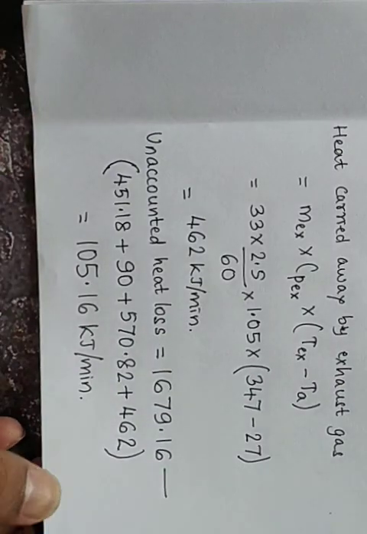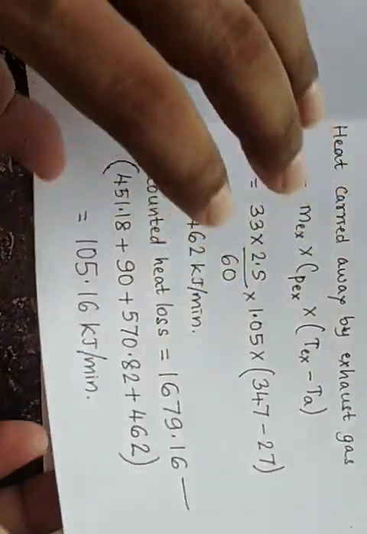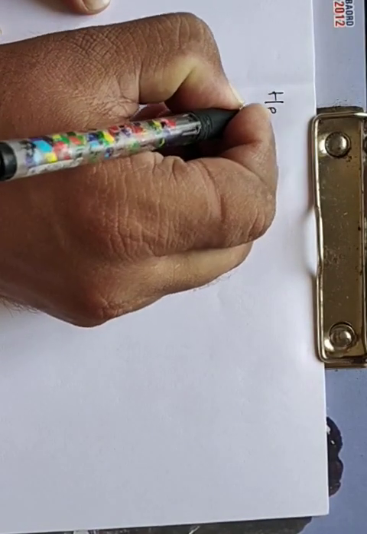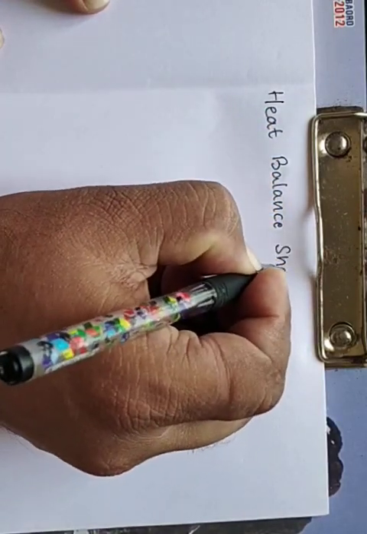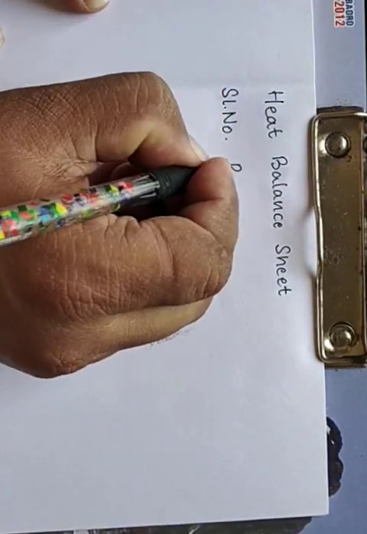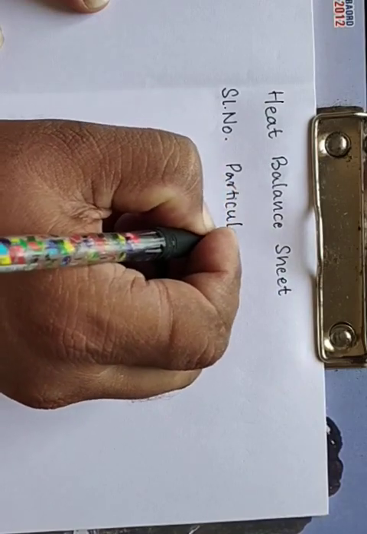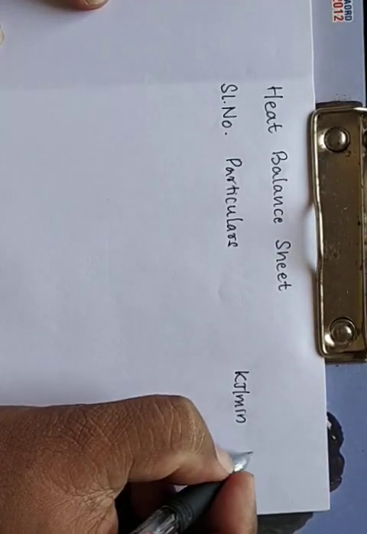So after finding out this value, let us represent this in a tabular column. I can write that as the heat balance sheet, with serial number, particulars, then kilojoules per minute, and then the last one, that is percentage.